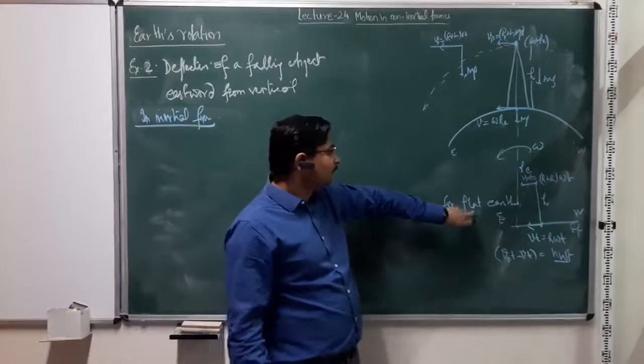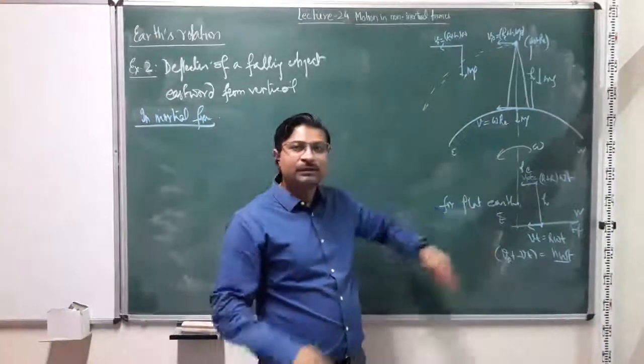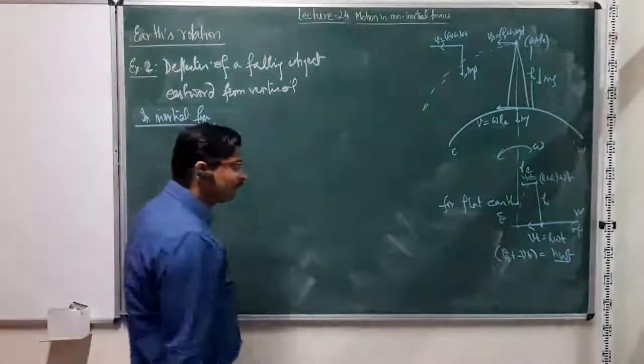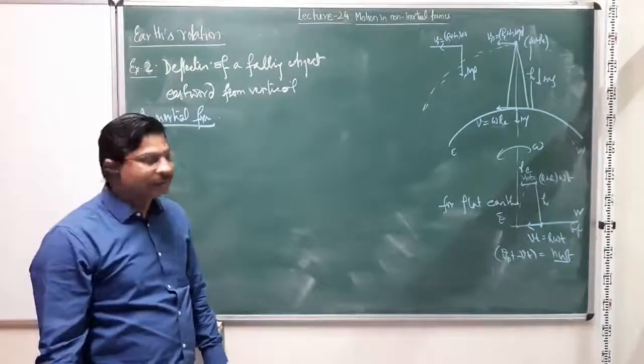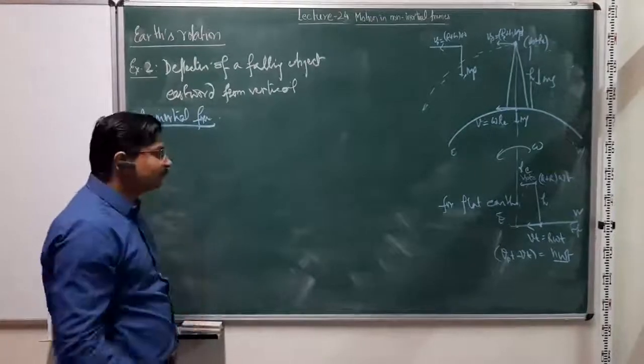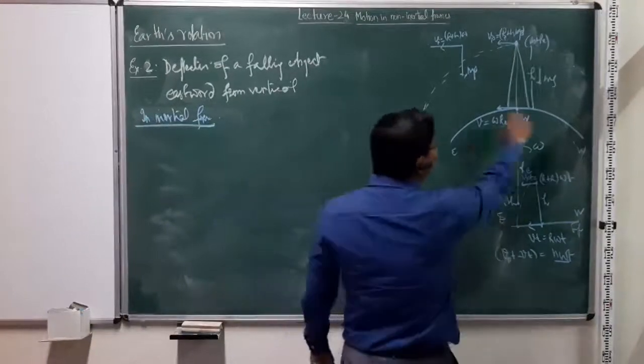That holds if the Earth's surface was absolutely flat, such that acceleration due to gravity at any point is simply pointing downwards. However, that is not the case. We know that the surface is not flat, in fact there's a curvature.